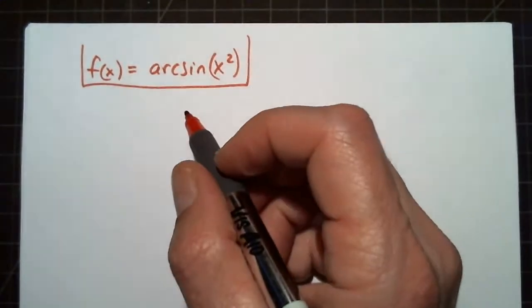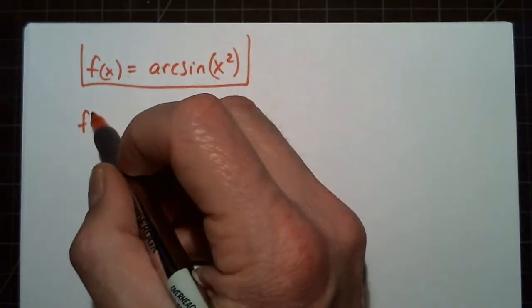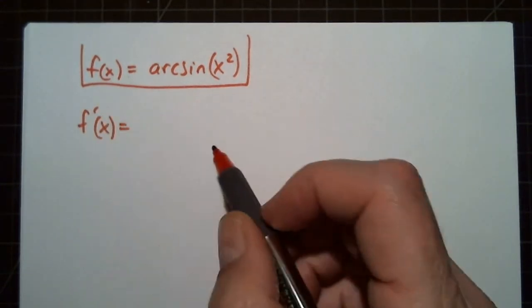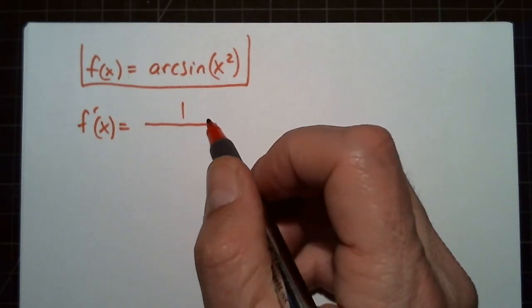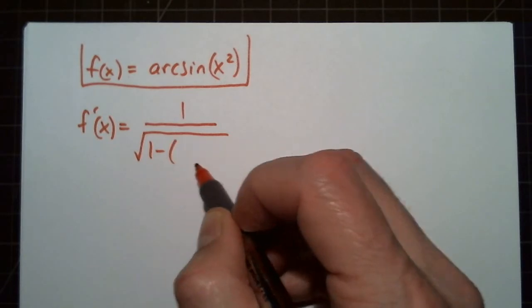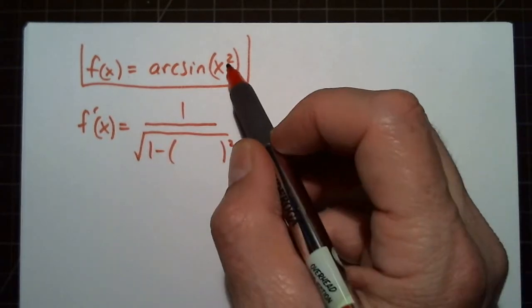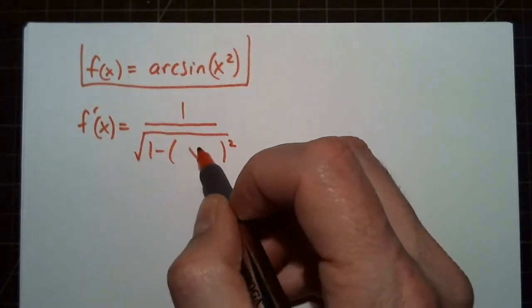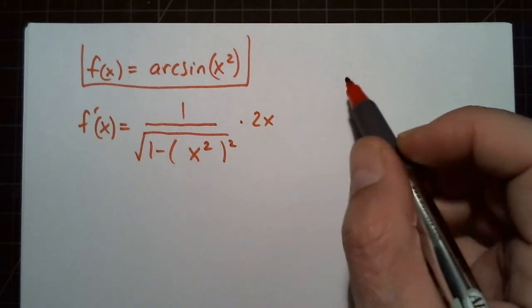All right, how do we find the derivative of this? Well, it's just the chain rule. So arc sine is 1 over the radical of 1 minus u squared. This is u, so it's just going to be in there, and we'll multiply by its derivative.